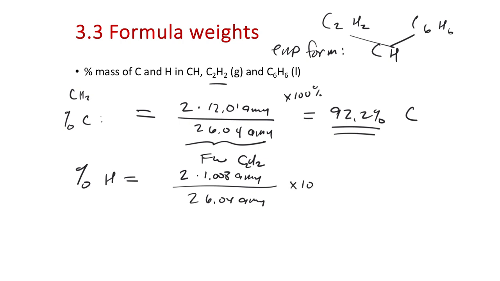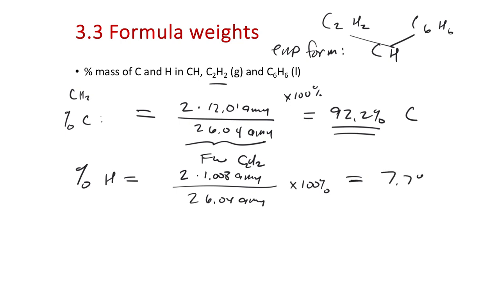So we're multiplying by 100% to turn the fraction into a percentage. So 2 times the mass of hydrogen, divided by the formula weight, times 100 to get it into a percentage.